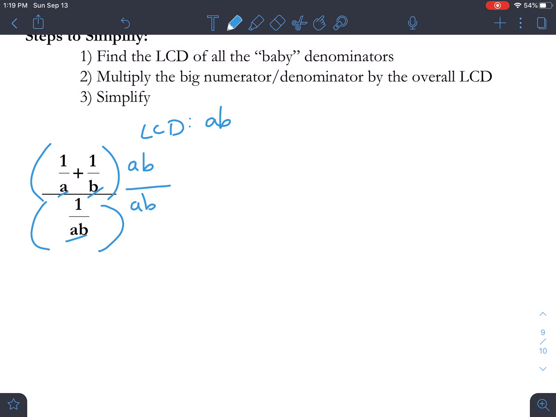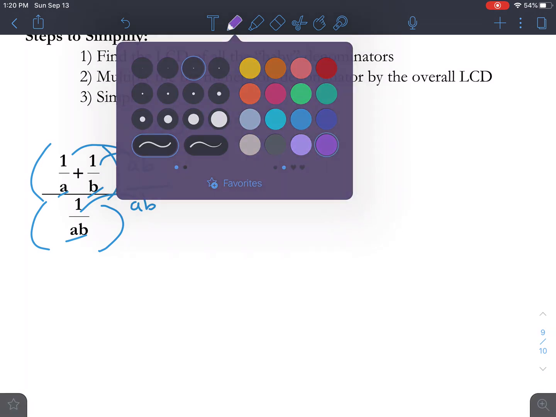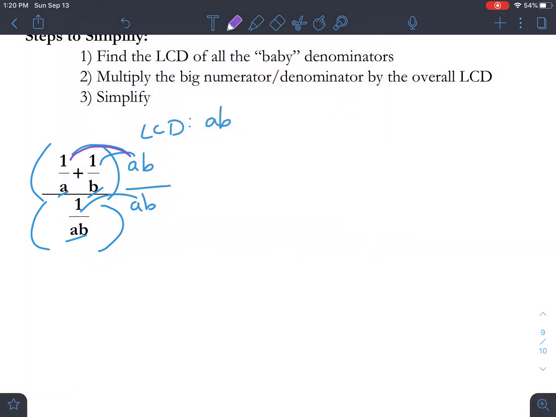AB over AB, but we're going to distribute this AB to the top and this AB to the bottom. Again, it's really AB over 1 and AB over 1, so we're just going to multiply those numerators and see what cancels out. Okay, so AB, I'll trace here in purple. AB times 1 over A would give me AB over A. You could simplify right now if you want.